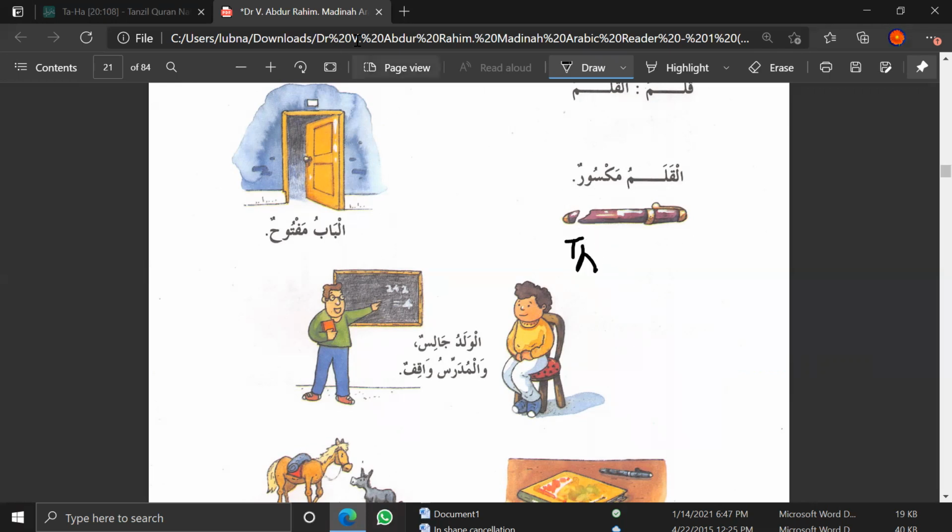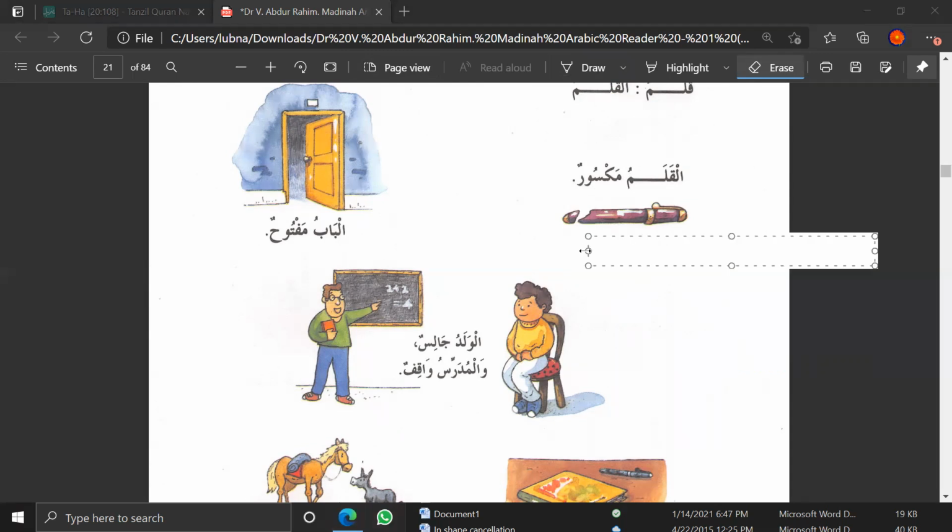Let me take the text writing. Yes, the pen. Maksurun means broken. Maksurun, broken.